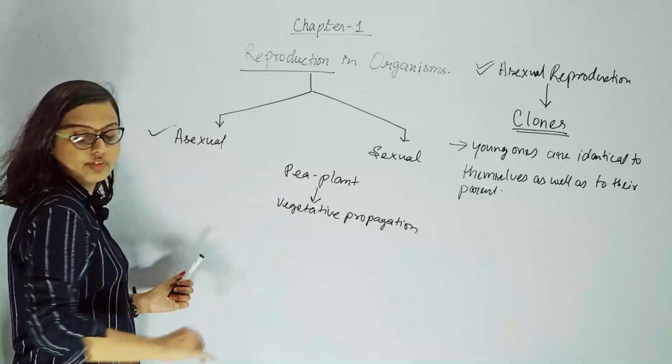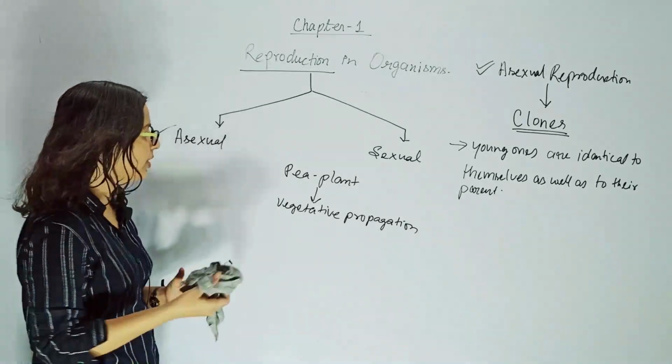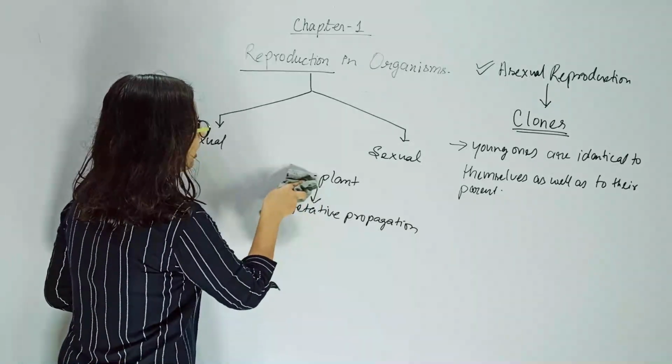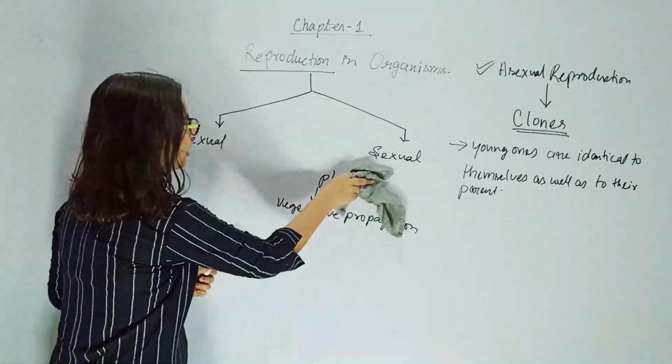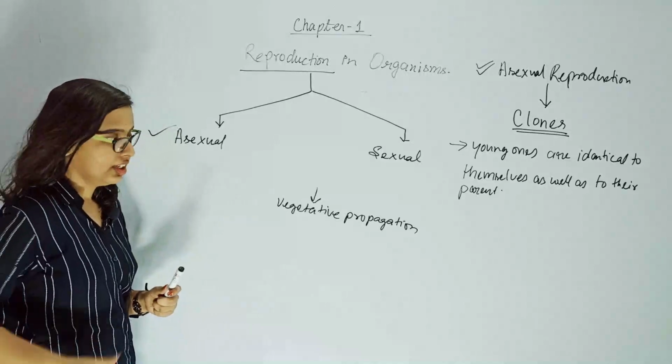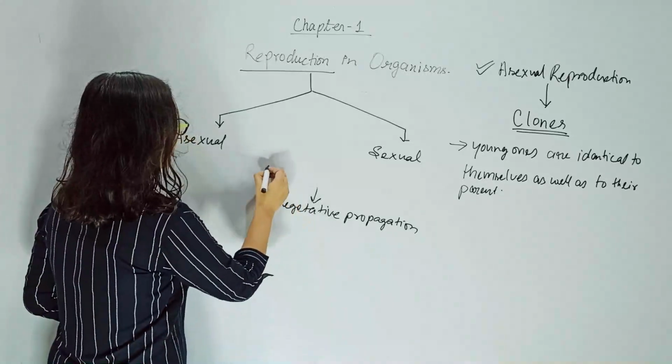It is better that we take a more appropriate example because we have studied the pea plant with respect to sexual reproduction. So let us here consider the exact example of vegetative reproduction.